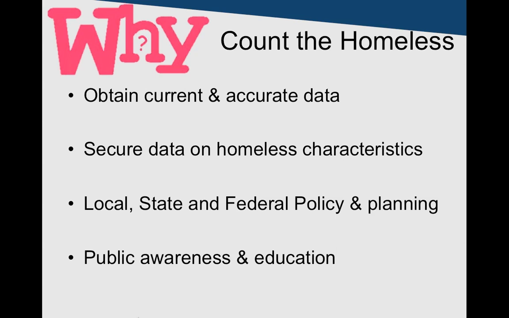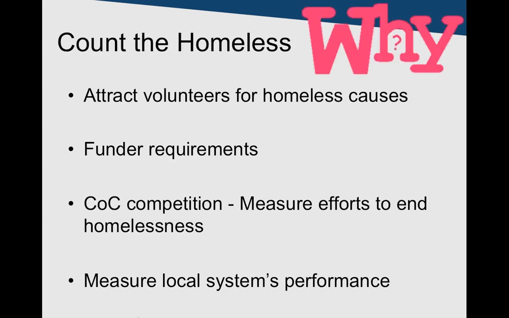Having reliable local data on homelessness can also play a critical role in raising public awareness of the challenges facing people who are homeless and bolstering efforts to garner additional public and private support.